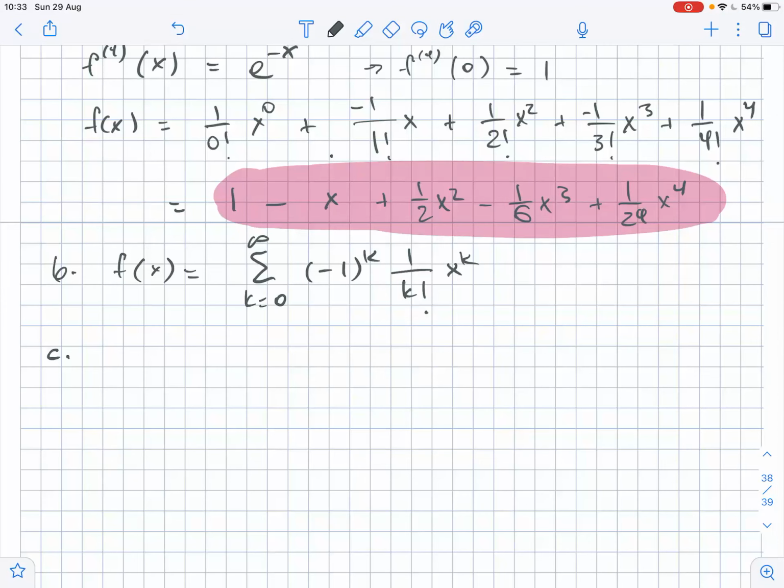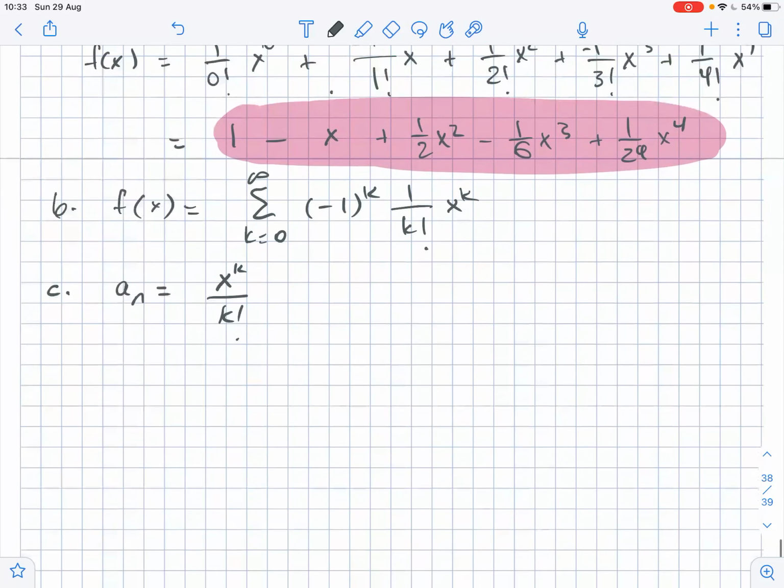And finally, we need to determine the interval of convergence of the series. We will use the ratio test here. We know that the kth term of the series is a_k equals x to the power of k over k factorial.